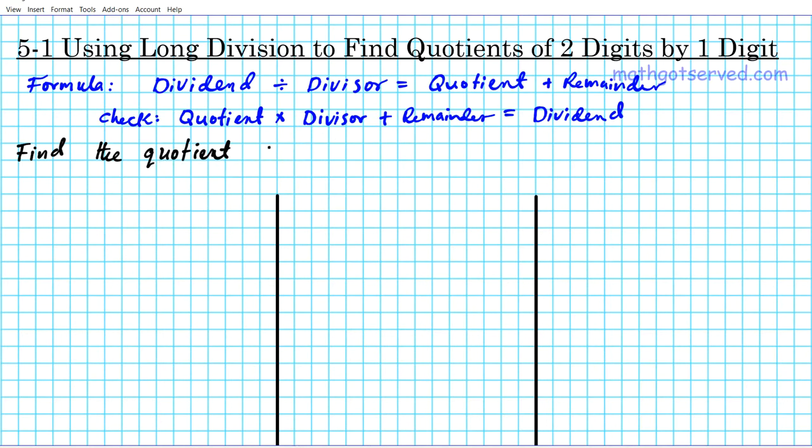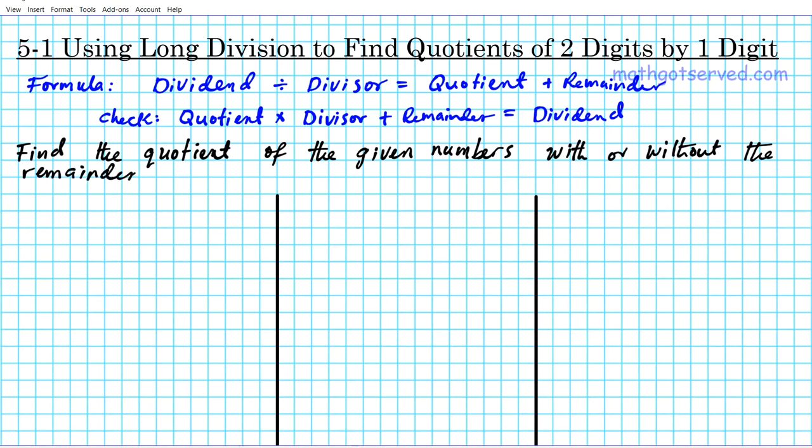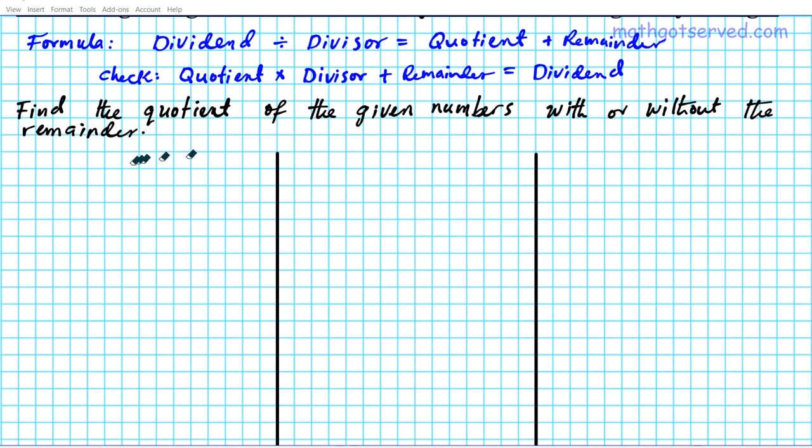Find the quotient of the given numbers with or without the remainder. You're going to use long division to do this. We have to divide 96 by 3 using long division.